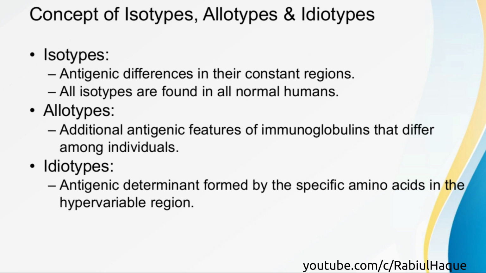For example, the 5 classes of immunoglobulins, they are isotypes. What do we mean by allotypes? These are additional antigenic features of immunoglobulins that differ among individuals. And what do we mean by idiotypes? These are antigenic determinants formed by specific amino acids in the hypervariable region.